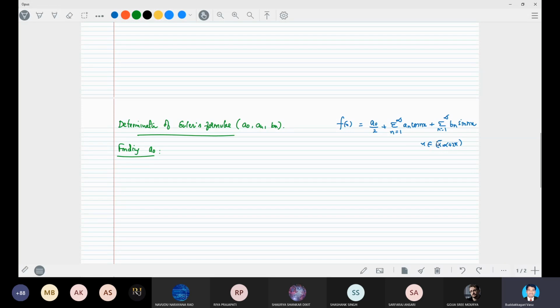This is the interval we have considered. So in that interval we can determine a0. Say this is equation 1.